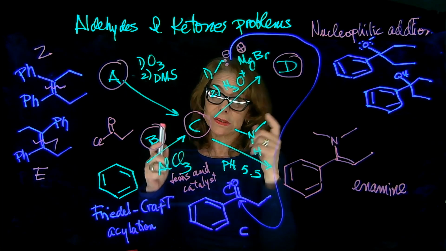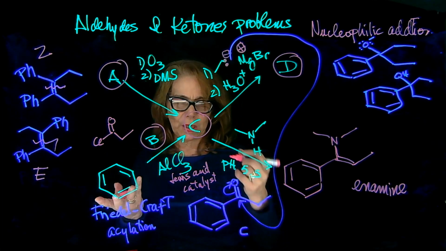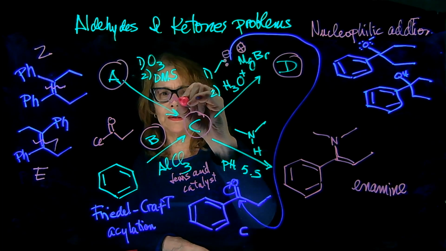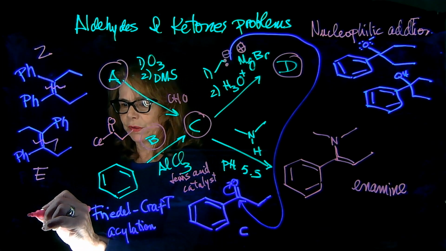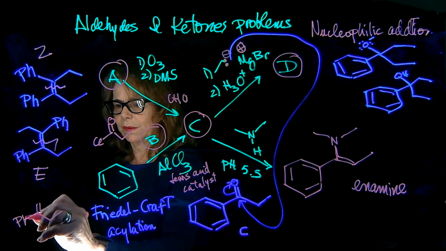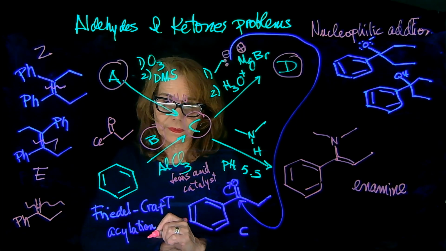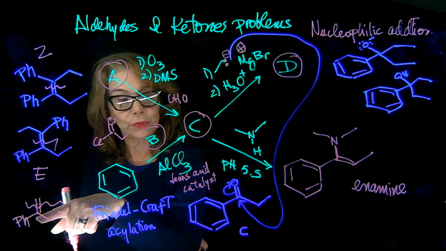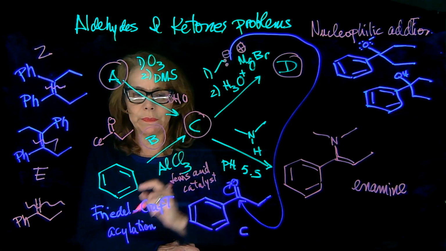If you were given something else, for example, that you get C plus, say, formaldehyde, then you will need to think of a different alkene. Here you can have simply this. This alkene, when you do ozonolysis, the oxidative cleavage would produce the same ketone, but now 1 mole and 1 mole of benzaldehyde.